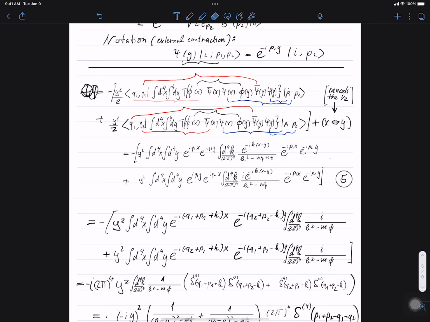Those psi fields, the parts that contain particle fields, we can contract with the particle states out here. For example, this one with P1, and this one we can contract with P2, or vice versa. This one we contract with P2, and this one we contract with P1.